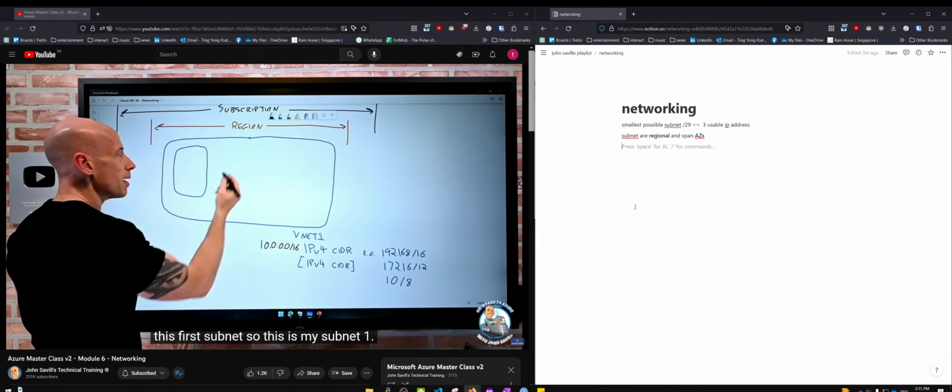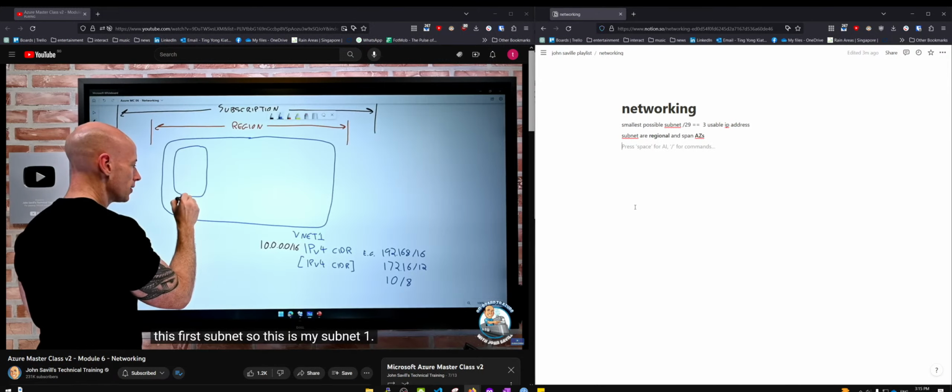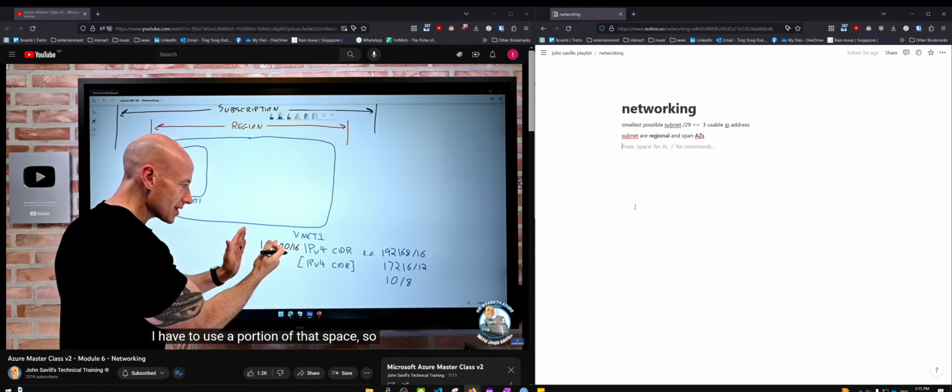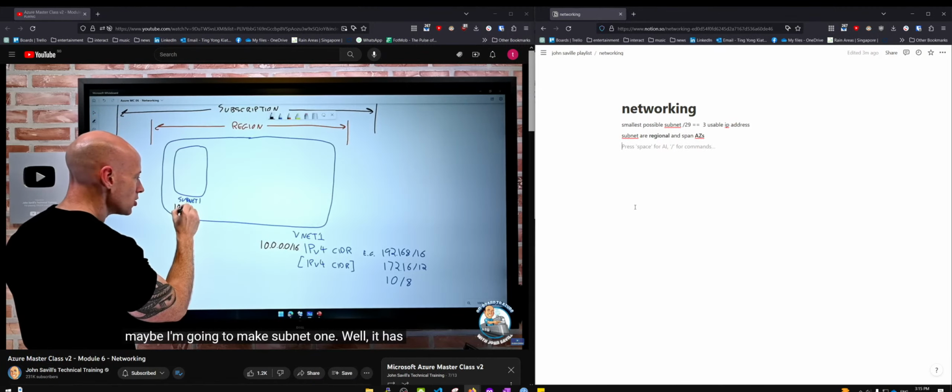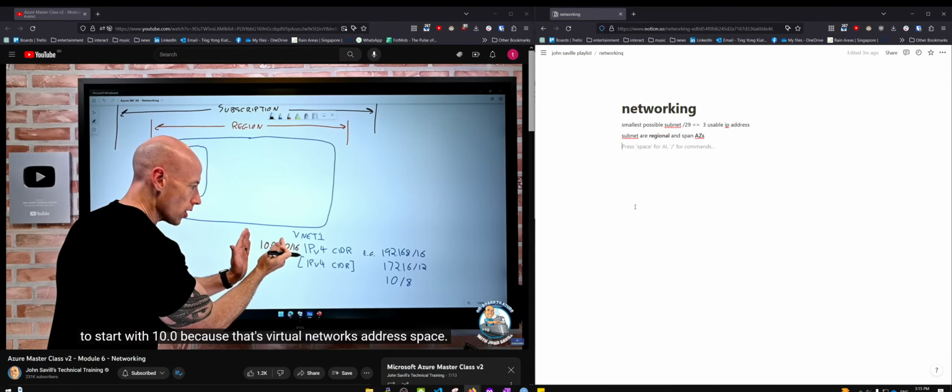So this is my subnet 1. I have to use a portion of that space. So maybe I'm going to make subnet 1, well, it has to start with 10.0 because that's the virtual network's address space.